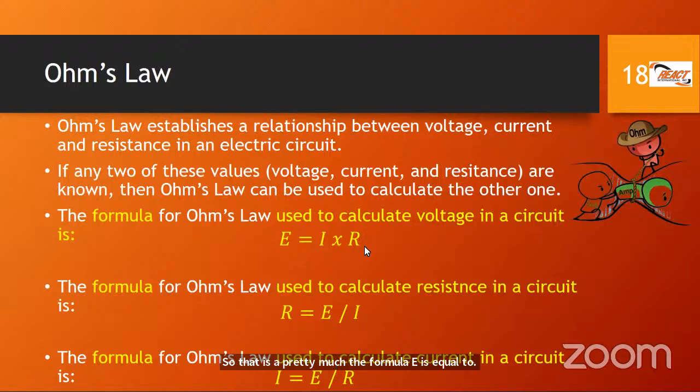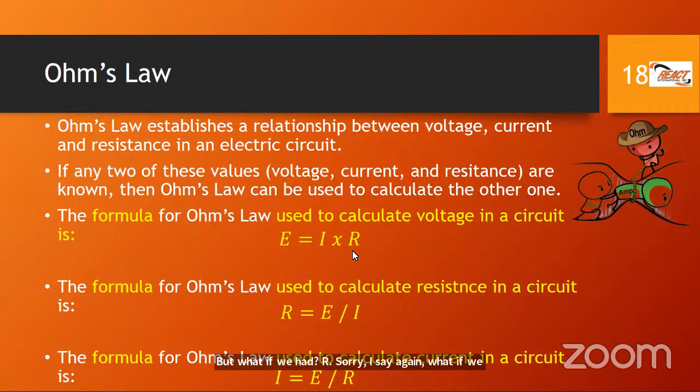But of course, things get a little more interesting because we said that if we knew two of them, we could calculate the third. So that gives rise to three equations in total. If we had I and R, we could calculate E by saying E is equal to I multiplied by R. But what if we did not have R and we knew E and we knew I?